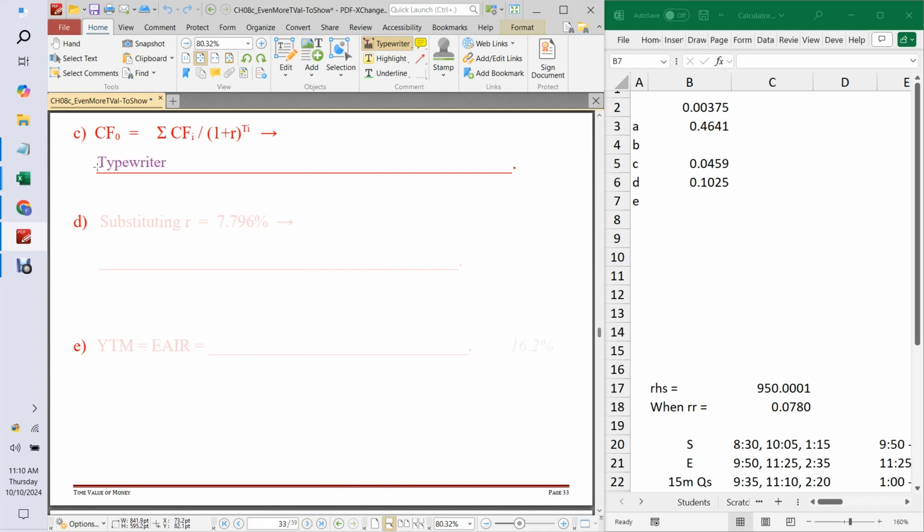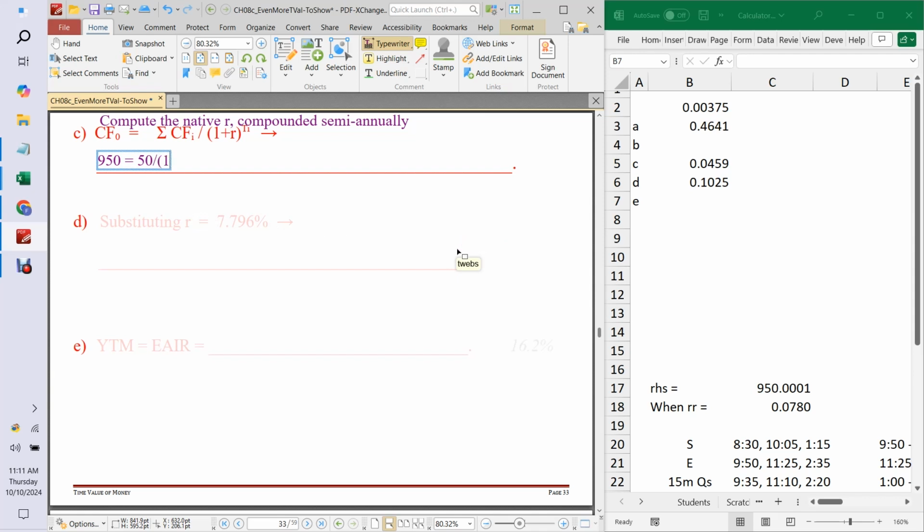All right, so now we want to compute the native interest rate. And we're going to use our fundamental discounting equation. So we know that CF0 is 950. And we know that in one compounding period, we're going to get 50.